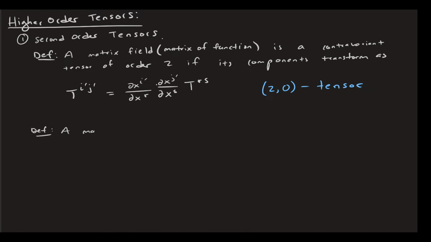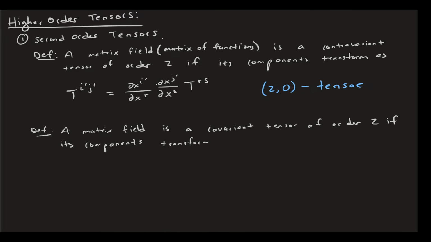A matrix field is a covariant tensor of order 2 if its components transform as follows.